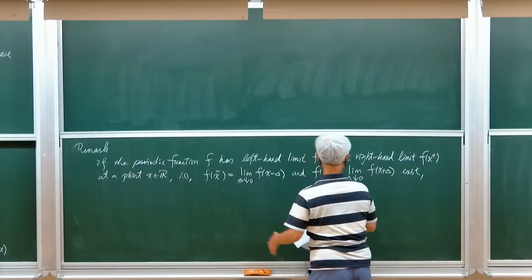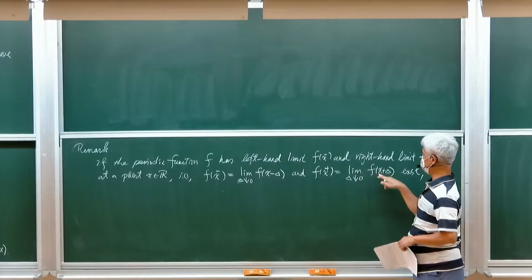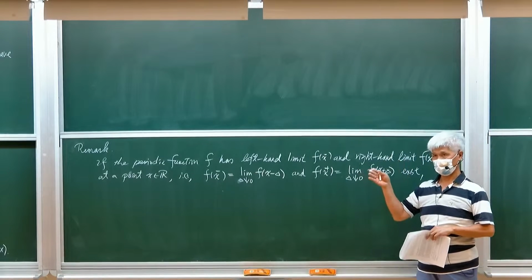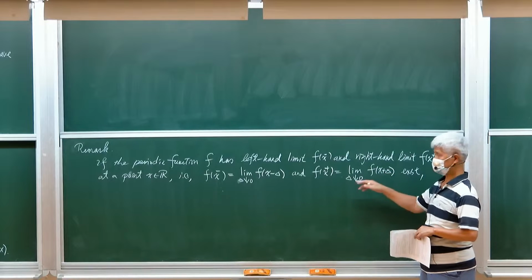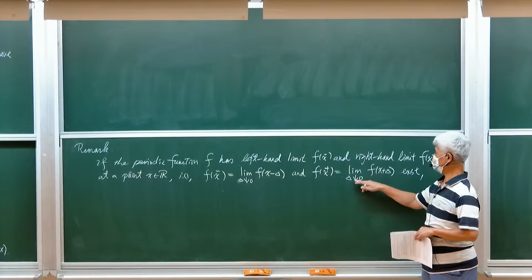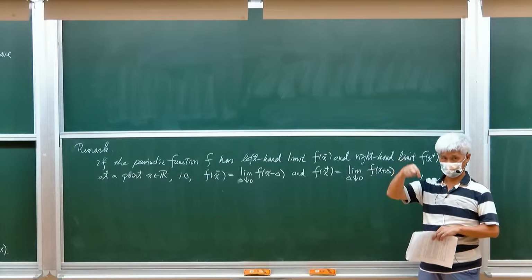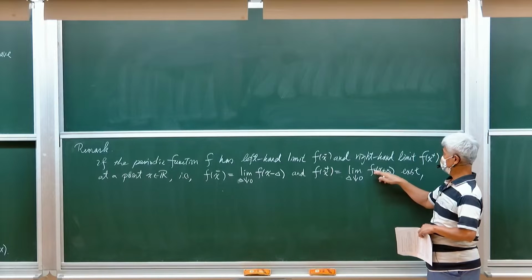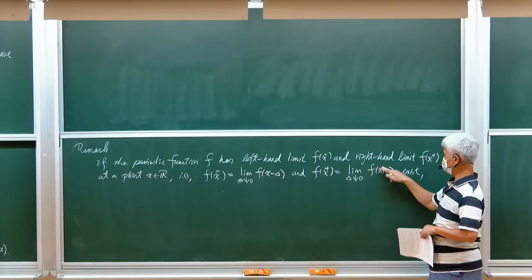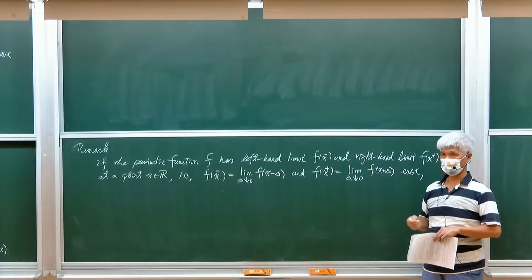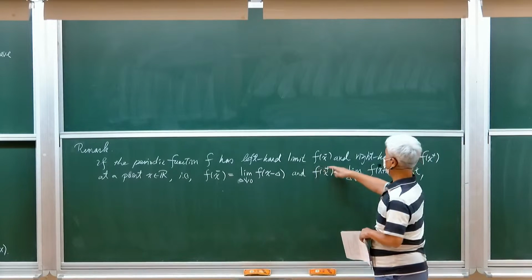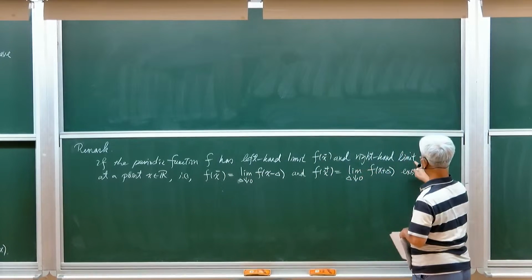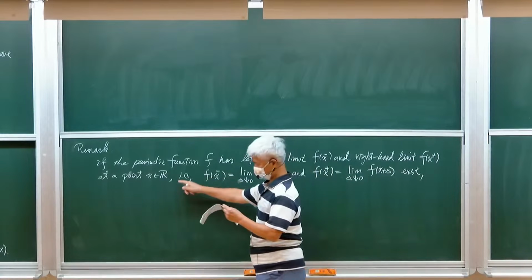Suppose we have that. And this is the right-hand limit. This is because x plus delta is a point at the right-hand side of x. As delta goes to 0, delta is positive but going to 0, so x plus delta approaches x from the right-hand side. So suppose the periodic function has a left-hand limit and a right-hand limit at a point x.